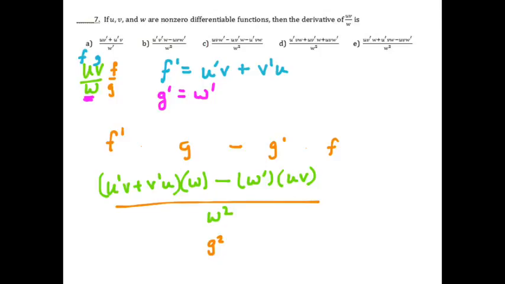However, we can distribute this w into the function that we have there. Let me erase that quotient rule to give myself a little more room to write the answer.